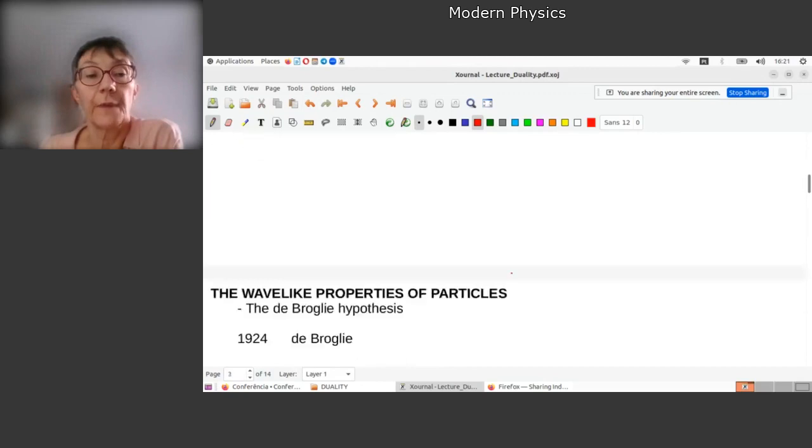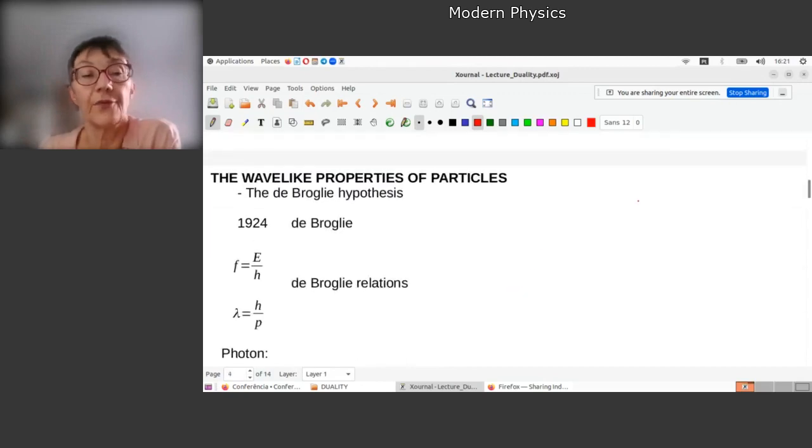In 1924, Louis de Broglie, a PhD student, was thinking about these discoveries of the quantization of light, particularly the fact that light had this dual behavior of a particle sometimes and a wave sometimes.